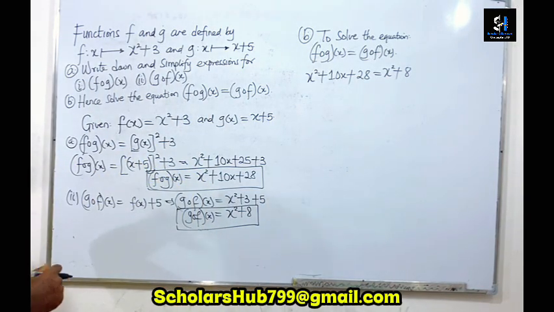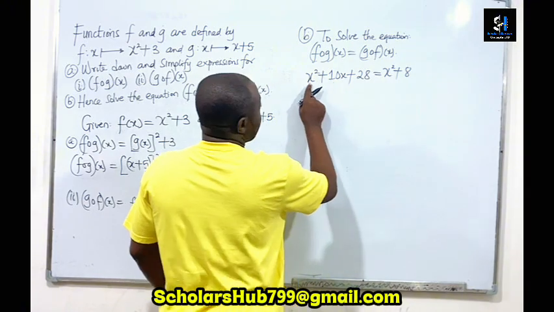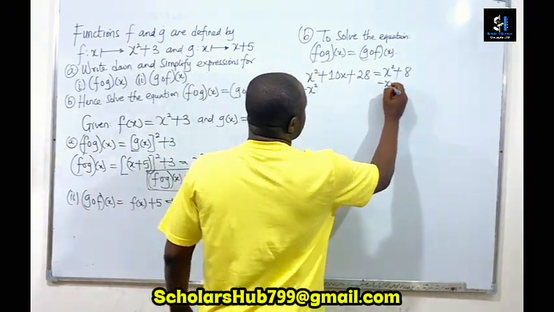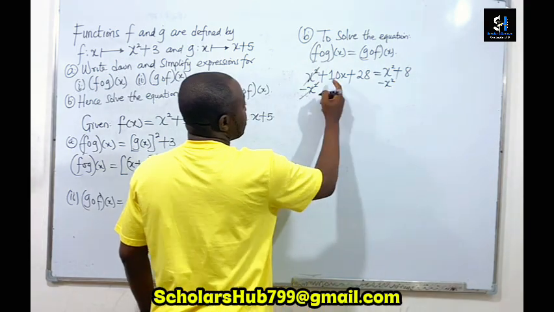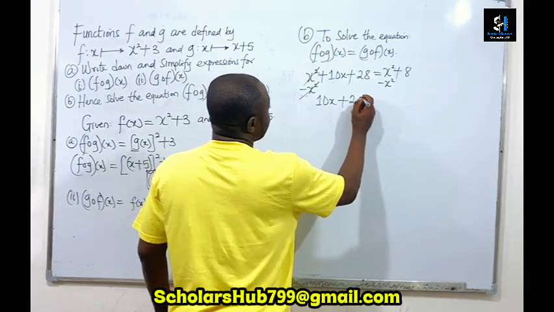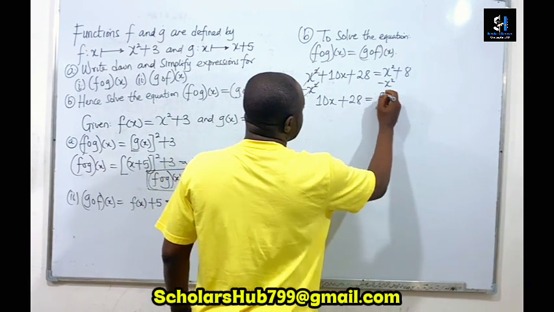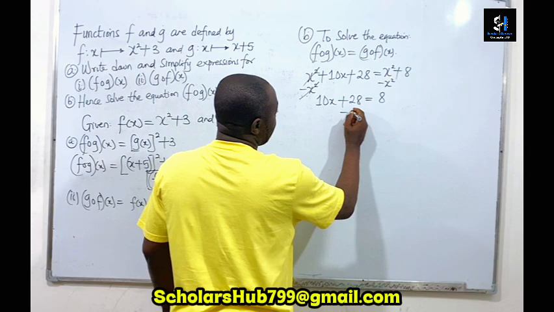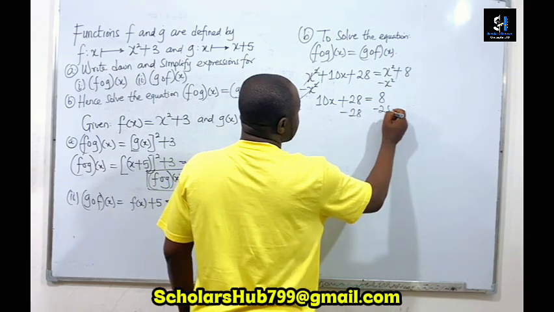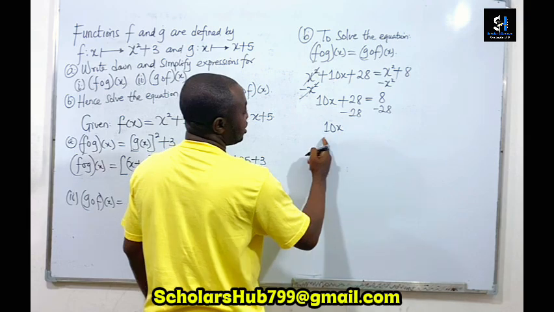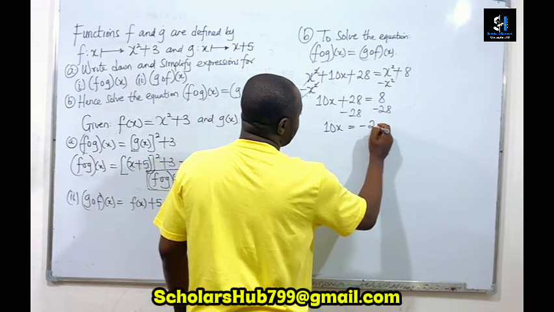Now I can subtract x squared from both sides, so that the left hand side reduces to 10x plus 28 and the right hand side reduces to 8. Now again, I'm going to subtract 28 from both sides, so that the left hand side becomes 10x and this will be minus 20.